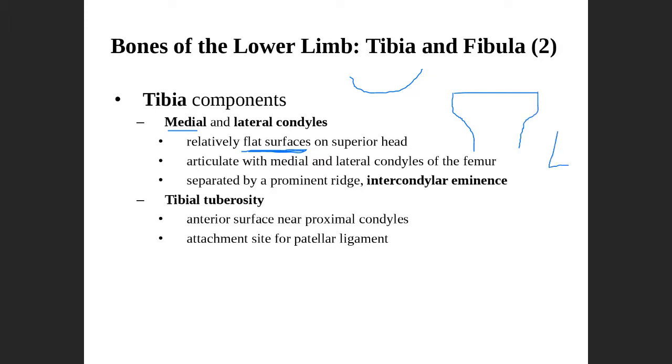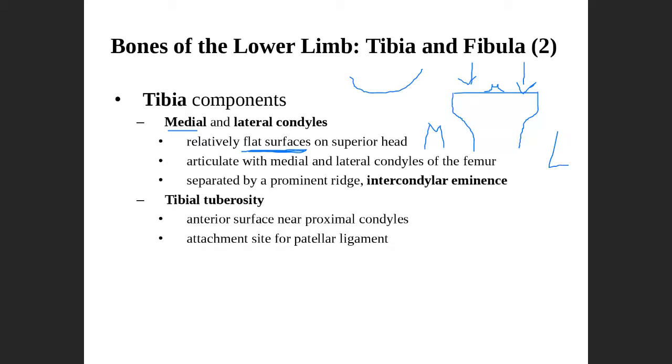So if this is the lateral part and this is the medial part, this would be the medial condyle and this would be the lateral condyle. It's goofy, but anyways, in the center of it, you'll see this little structure that looks like an elevated U, and that's the intercondylar eminence.